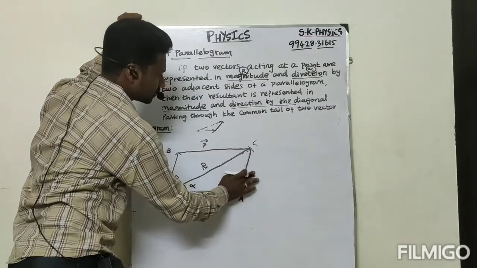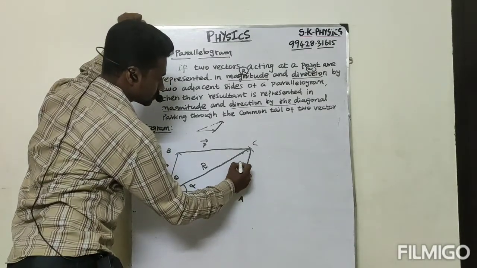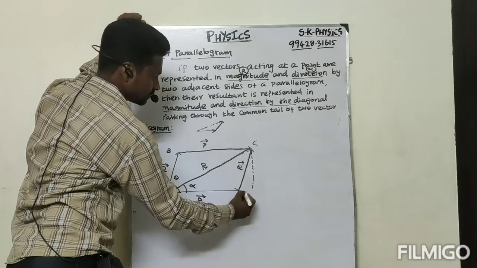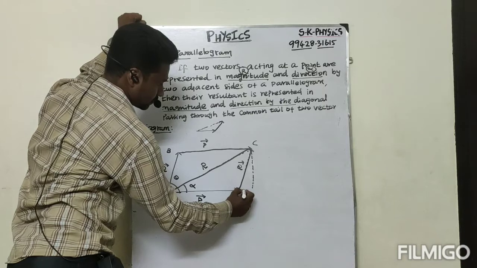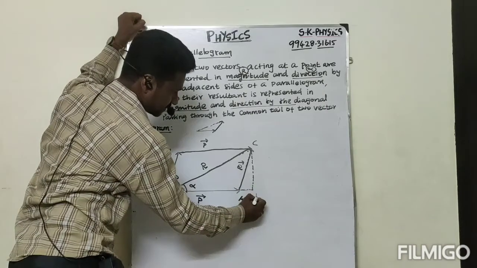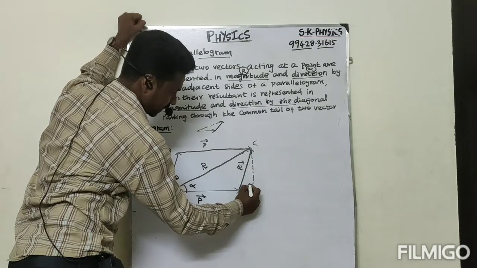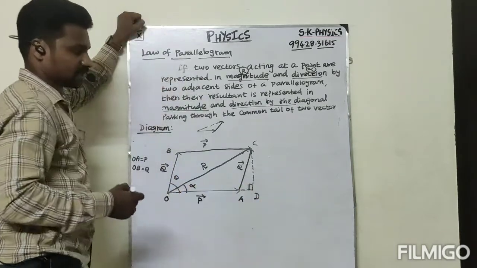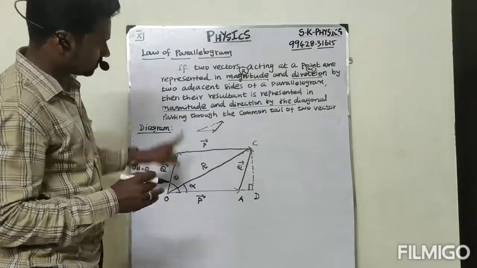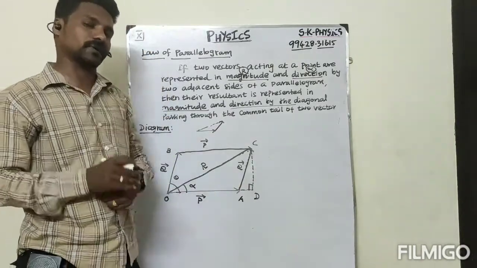So this is Q vector. You can extend this like this because we need a right triangle. So this point I have taken as D. You know very well, here it makes a 90 degree angle, to produce a right triangle. Clear? So this is the diagram for the parallelogram.